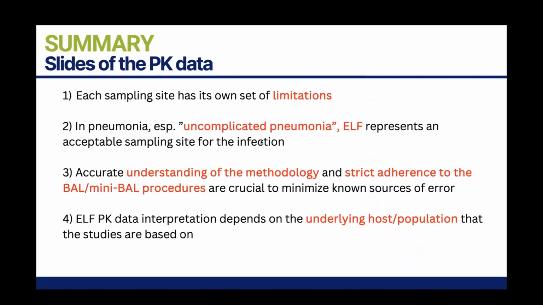But when we talk about complicated pneumonia like lung abscesses, ELF might not be the only sampling site that we need to think about. We need to have an accurate understanding of the methodology and strict adherence to the BAL or mini-BAL procedure if we were to do studies on ELF antibiotic concentration.